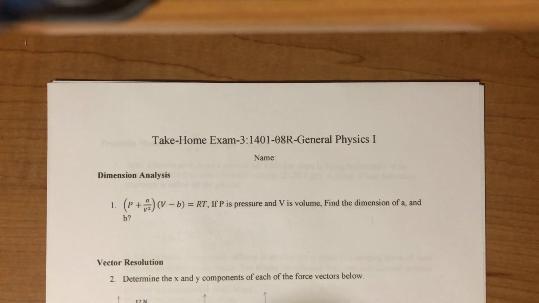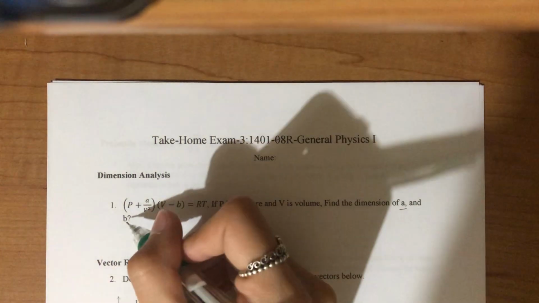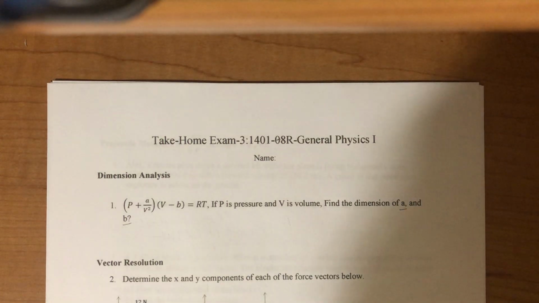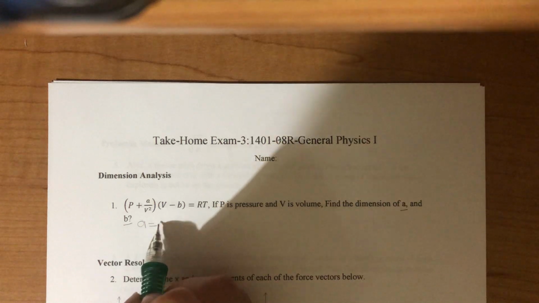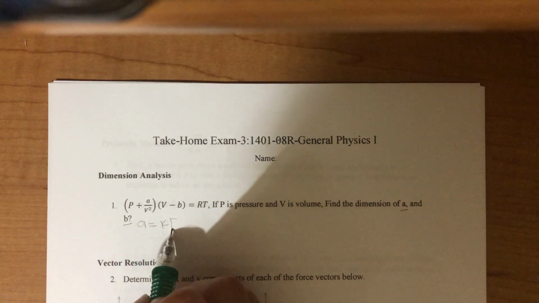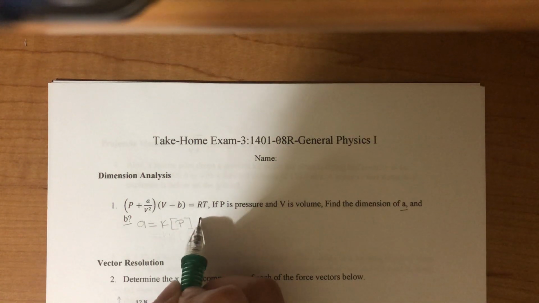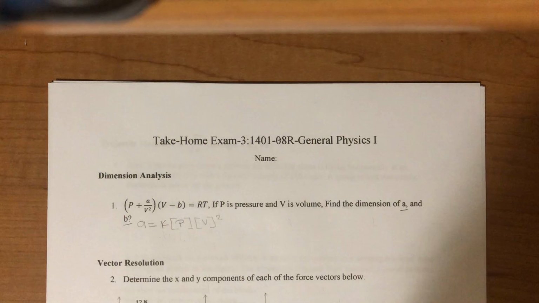So the first question we have is dimensional analysis, and the first thing it asks is that we look for variables A and B. So the first thing we're going to do is break down the equation that's given, and that is A equals K times P times V squared.